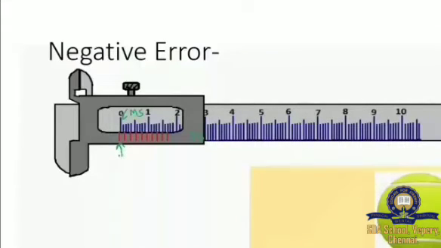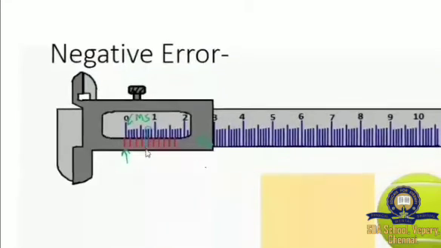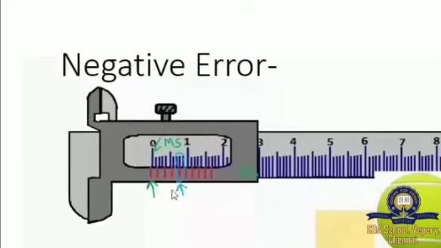So let's calculate it. Again we have to figure out the vernier scale division which exactly coincides with any main scale division. Here let's check the first vernier scale division, second, third, fourth and fifth. You can see the fifth vernier scale division is exactly coinciding with a main scale division.